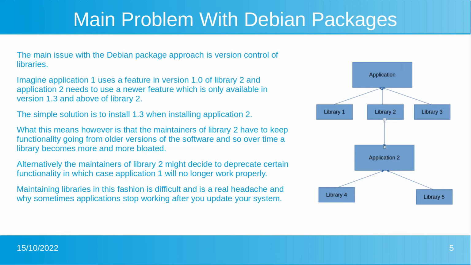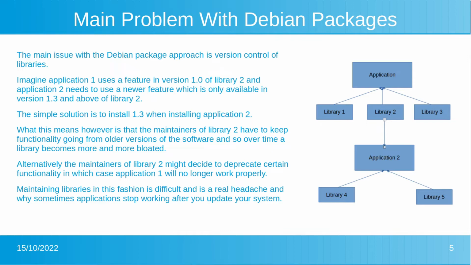What this means is the people maintaining library 2 have to keep all of the features from version 1.0 all the way up. Now, if you think 1.0 to 1.3 isn't that bad because it's only 3 minor iterations, imagine you're now at 12.5 on an application or a library that's been written for over 10 years.